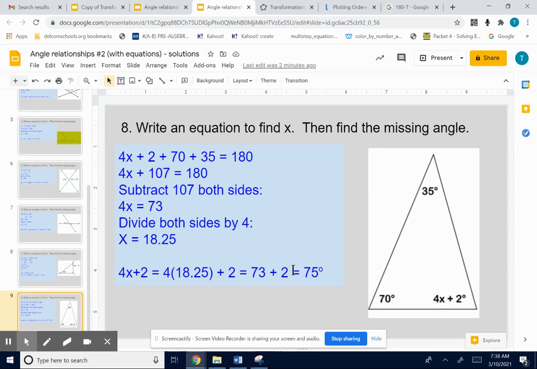Then you add 2 and you get 75 degrees. If you really wanted to check that 75 degree answer, just add the 75 and the 70 and the 35, and you'll see that they do add up to 180.